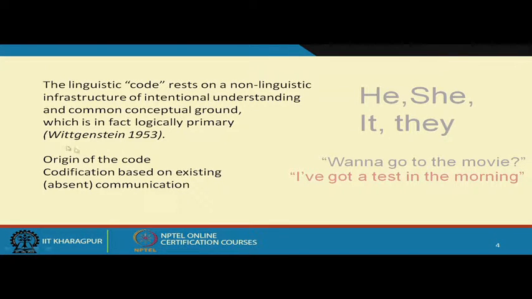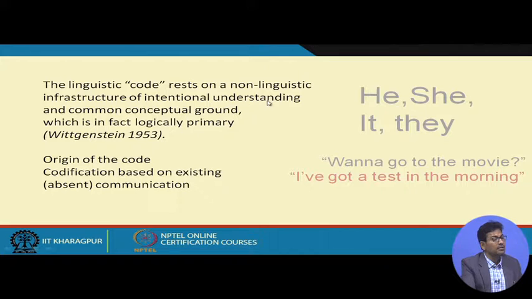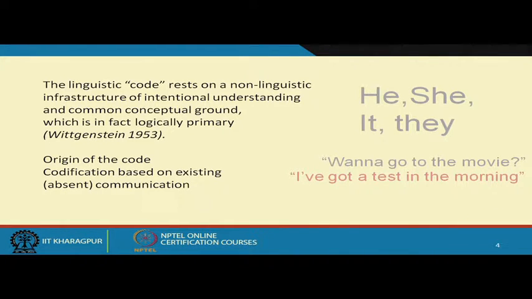So, if you look at this particular statement, the linguistic code rests on a non-linguistic infrastructure of intentional understanding and common conceptual ground, which is in fact logically primary. What it essentially means is any kind of linguistic or verbal or non-verbal codification relies on something which is essentially non-linguistic, which is essentially some other code.